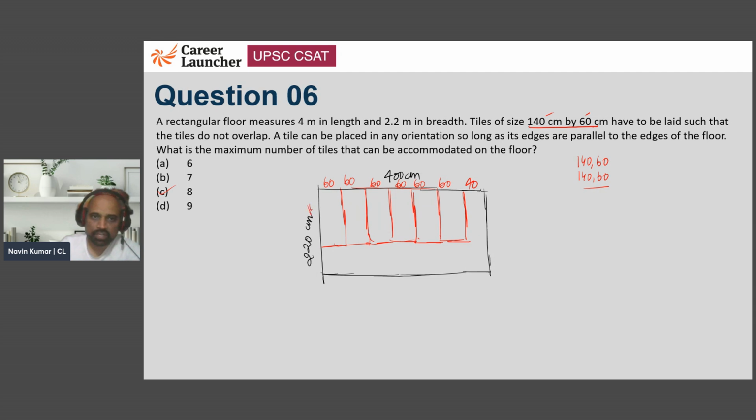And since this is 140 out of 220, we are left with 80. Now in that 80, we can place 60 here, and then that is going to be 140. Right? So this is 60 and this is 140. We can place another 140, so that's 280. 280 plus 140 will cross 400, so I cannot place the third tile here. So this is also going to give us an 8.